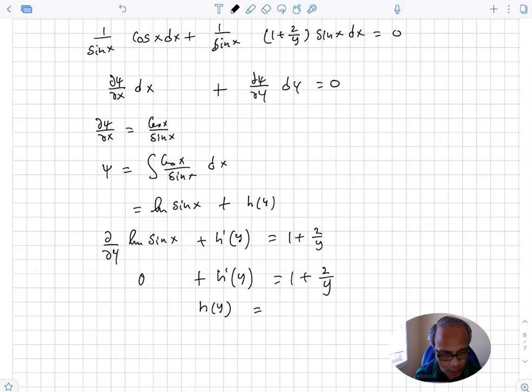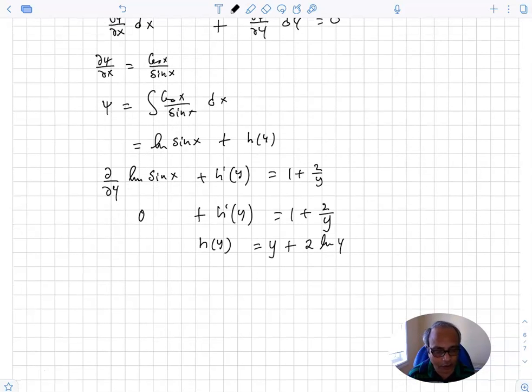So integration of 1 with respect to y is just y, plus integration of 2 by y. So 2 is a constant, so integration of 1 by y is just ln of y. Okay, and I'm going to ignore the constant of integration. So I have psi equals c, which is my solution, and psi is coming from this quantity ln of sin x plus h of y, and h of y is y plus 2 ln of y.